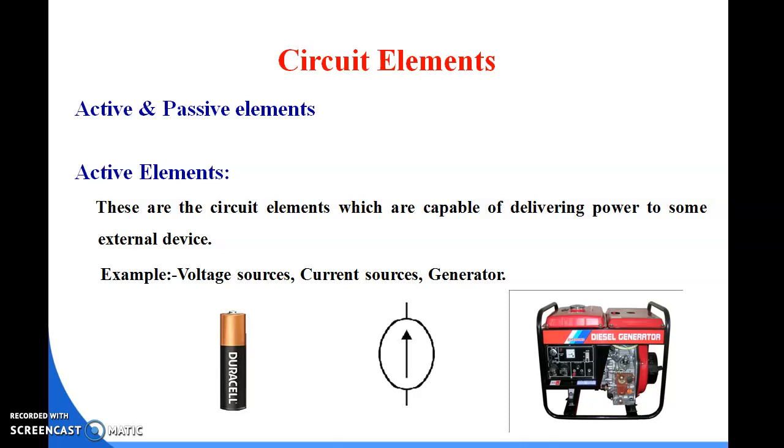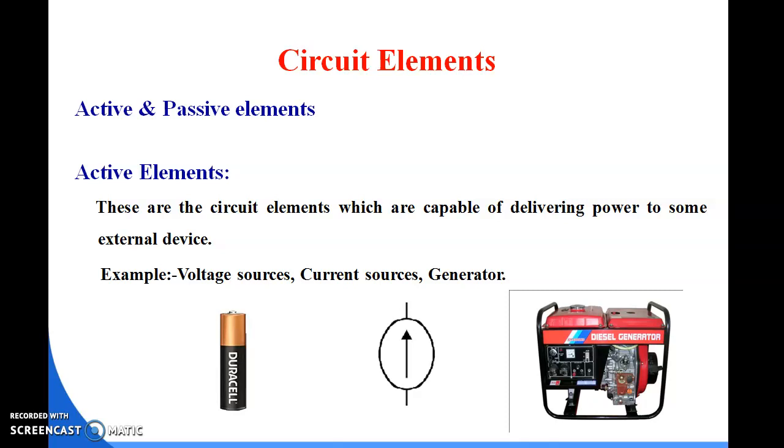For example, voltage sources, current sources, generators are examples of active elements. A voltage source provides voltage to the circuit. A current source provides current, and a generator generates electrical energy from mechanical energy. That's why these are known as active elements.